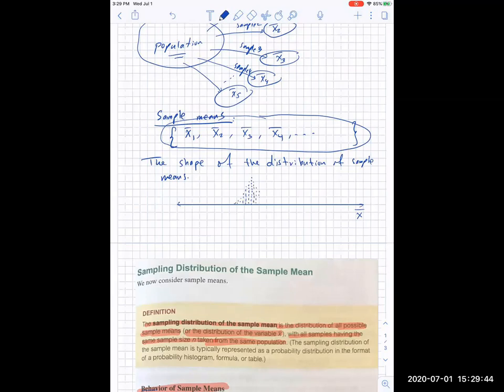Each dot here is a sample mean. And we notice that the distribution of these sample means is going to be a normal distribution.